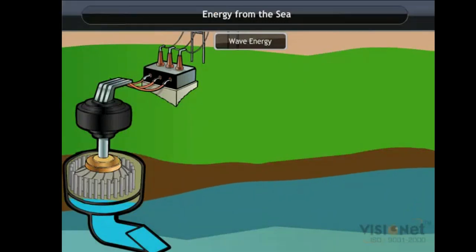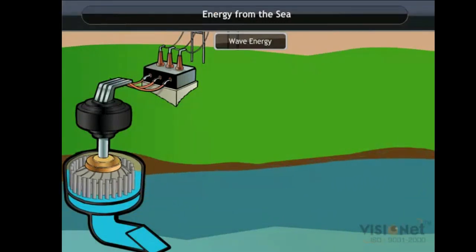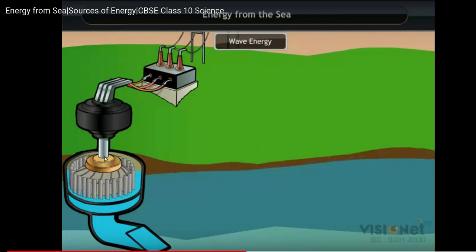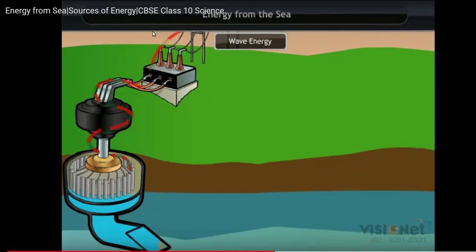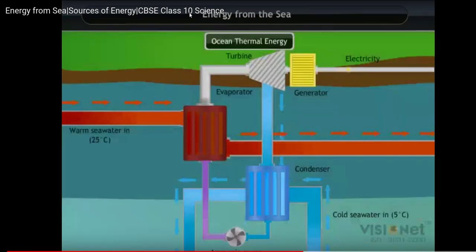Due to the rise in water level, these turbines move, and we use that to generate electricity.